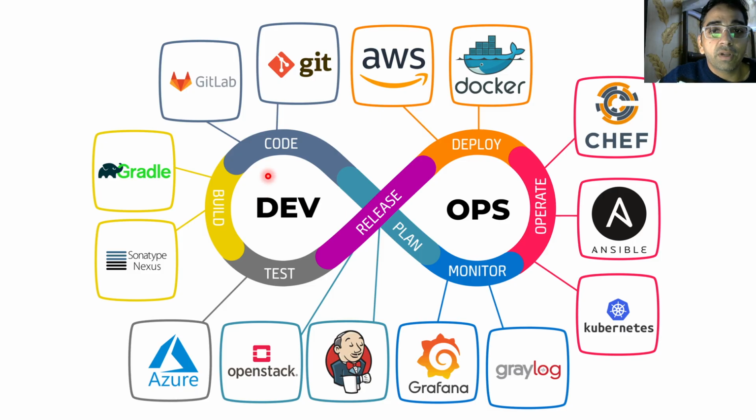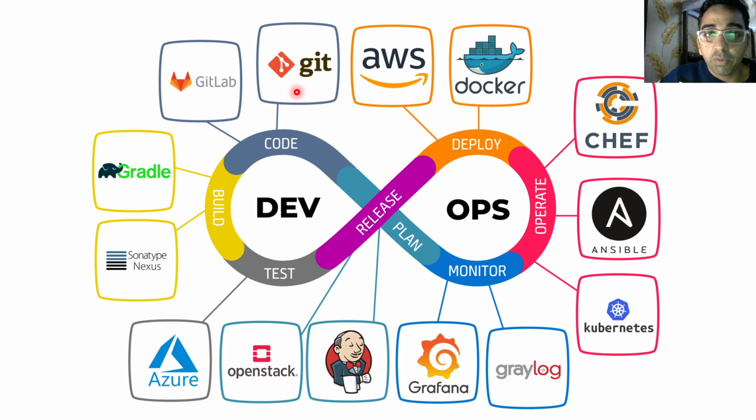Now let's start with what is needed when we code anything. I'm talking about the left-hand side of DevOps. Normally we do all our coding in either Java or .NET, and we put all the code into a repository, meaning any defined location where we put all our source code.